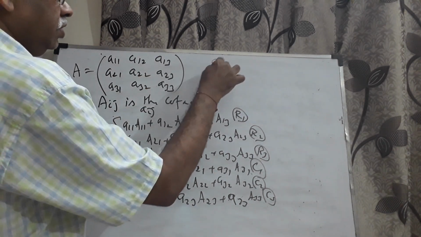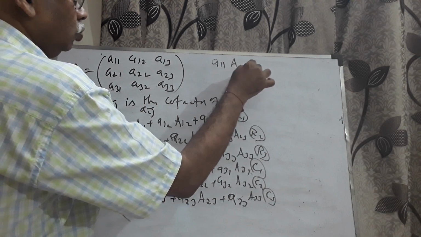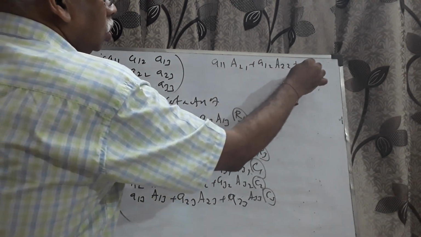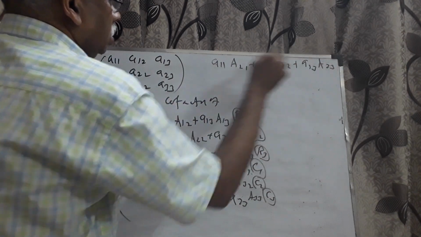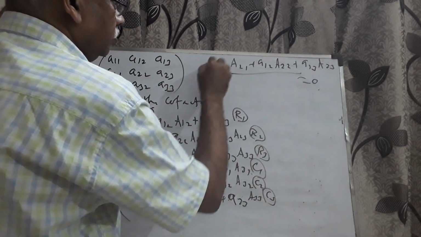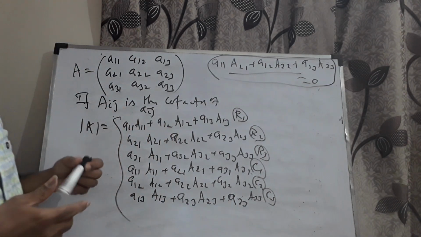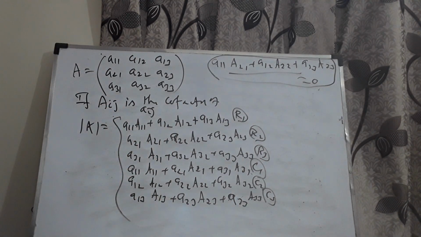You can easily check: A11 into capital A21 plus A12 into capital A22 plus A13 into capital A23. If you do so, this will always become 0. This is also an important result. Remember it carefully to apply in your board examinations.